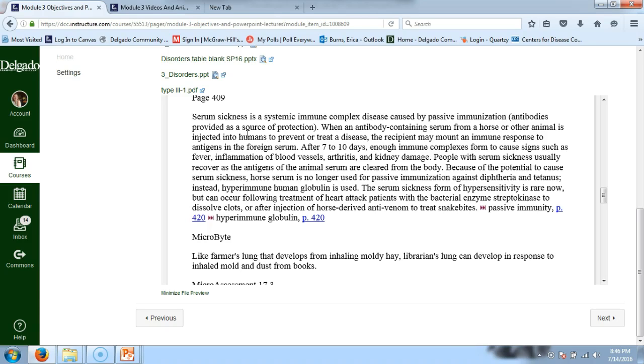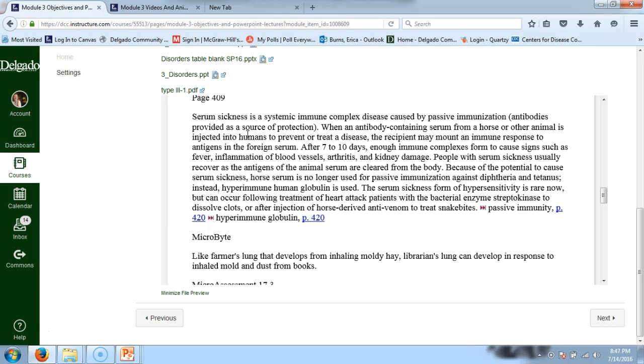So they would purposely inject horses with venom and take their serum, take their blood, and fraction out their antibodies to make anti-serum. The problem with that is when they would inject it into people, the first time it would help you, but then some of those antibodies would be left behind, and your body would make antibodies against the horse antibodies. So you'd have anti-horse antibodies.